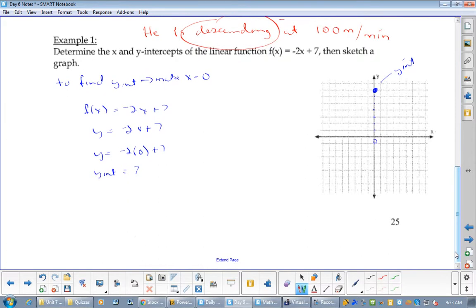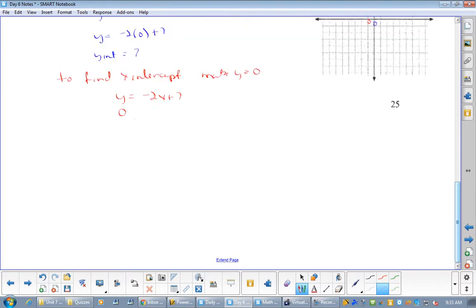Okay, how about when you want to find the x-intercept? Let's be a little bit more specific. Do you see that at the x-intercept, y will be equal to 0? So how do we do that? Well, y equals negative 2x plus 7, so 0 equals negative 2x plus 7.